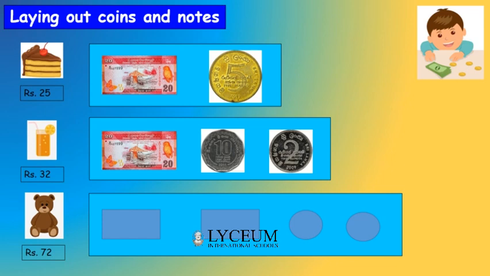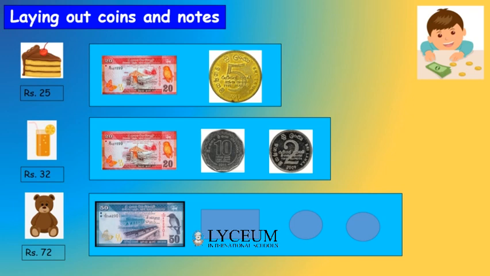First, let's make the 70. Do we have a 70 rupee note? No, we don't, right? Now, they have asked us to make 70 rupees using 2 notes. What are the 2 notes we can use? Yes, very good. We can use a 50 rupee and a 20 rupee, right? So now you have made the 70 rupees.